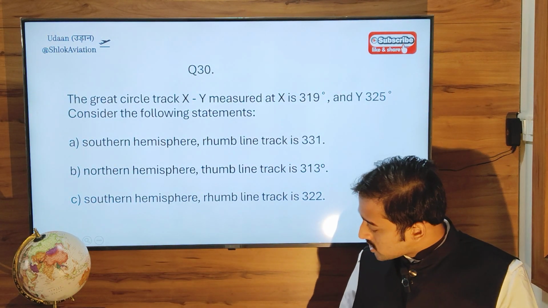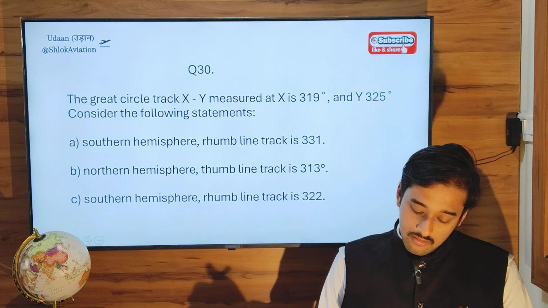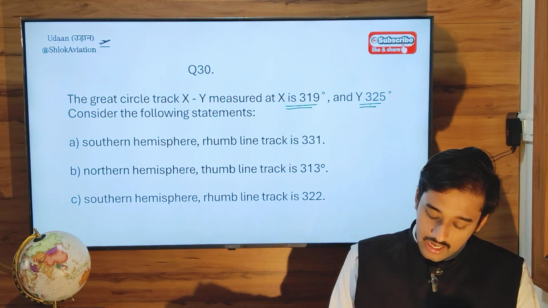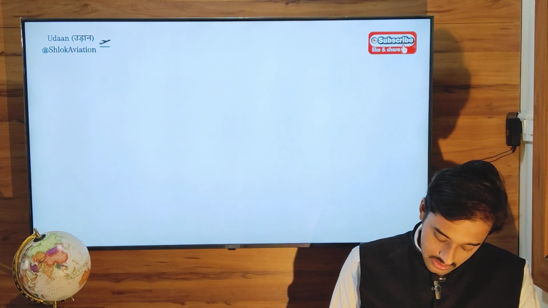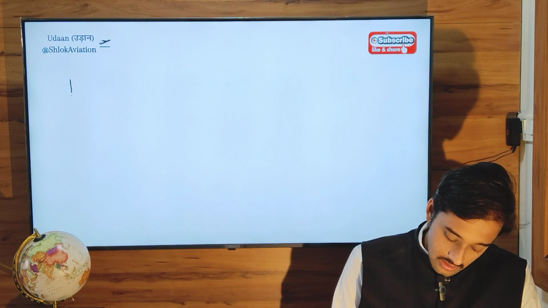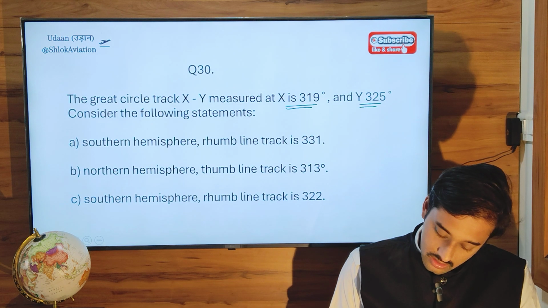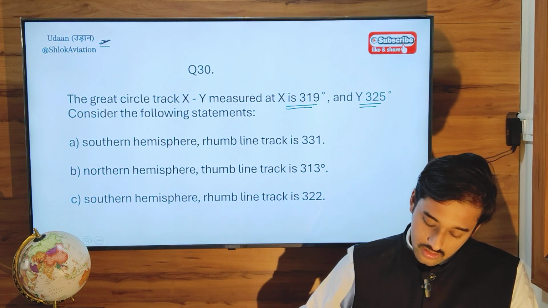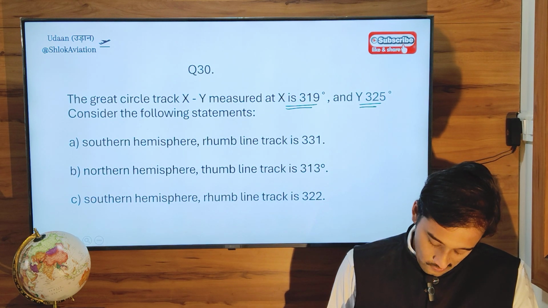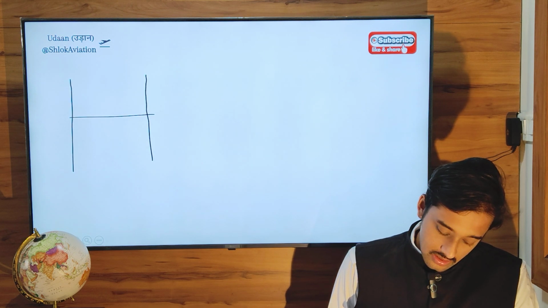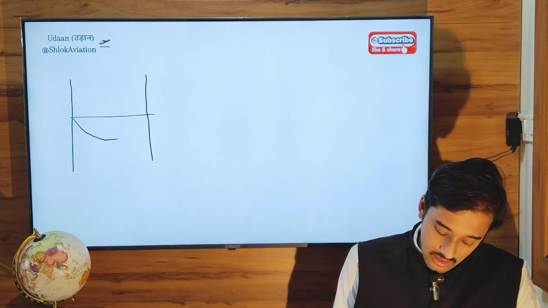Great circle track X to Y measured at X is 319. Great circle track at Y is 325. Let's say we are in the southern hemisphere.